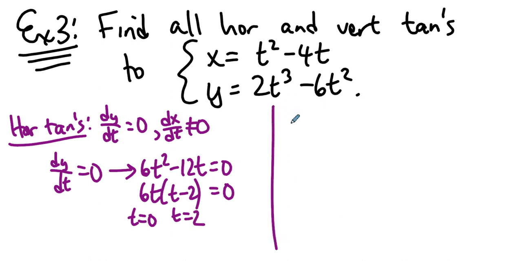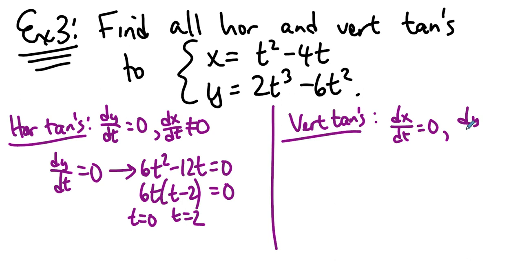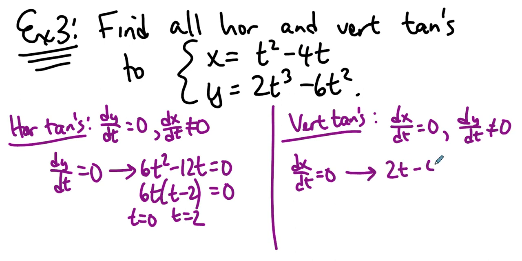Now, vertical tangents occur when dx/dt is 0 and dy/dt isn't. dx/dt is 0 when 2t minus 4 is 0, so t is 2.